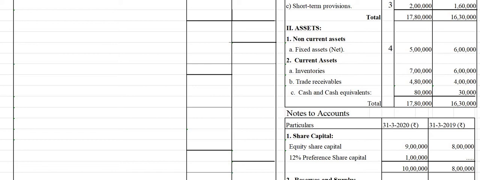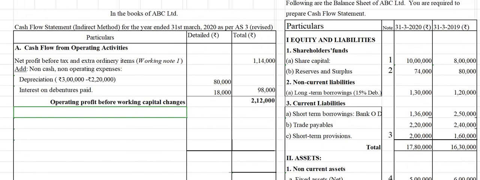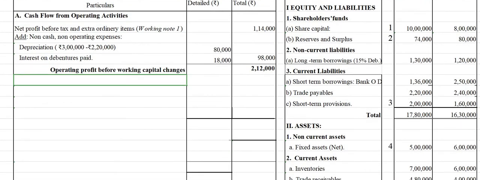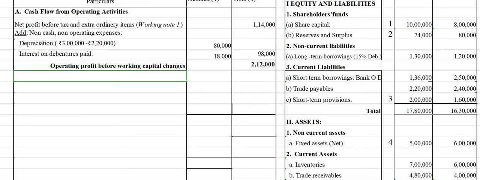So there is no decrease in current assets. Then let us see current liabilities. Any increase? Bank overdraft will not be taken, it will be considered as short-term borrowings. Trade payable has decreased. So there is no decrease in current assets and no increase in current liabilities.